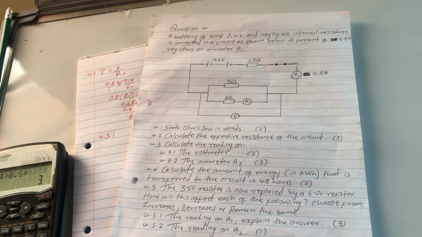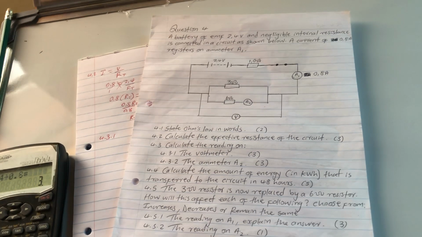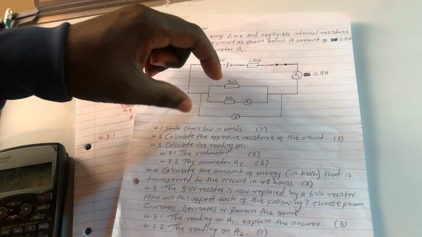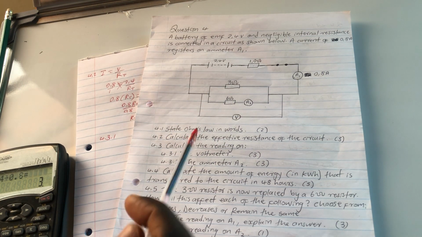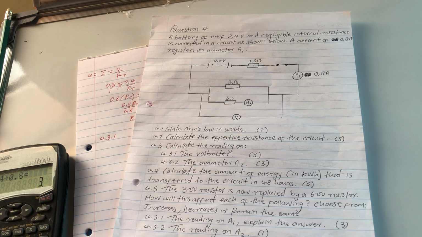I equals V over R. I, we know it, is 0.8. R will be the R of this part. We can calculate it.